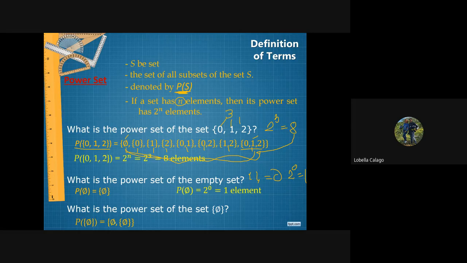The null, and the set containing the null, because that is a set again. Since we have 1 element, 2 raised to 1 is 2 elements. So that is the meaning of power set.